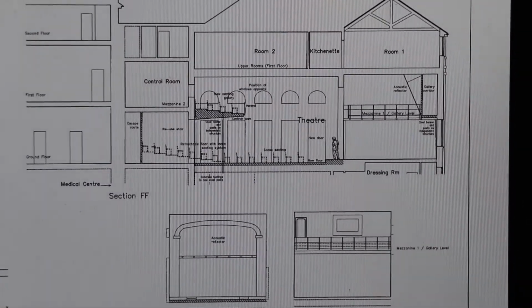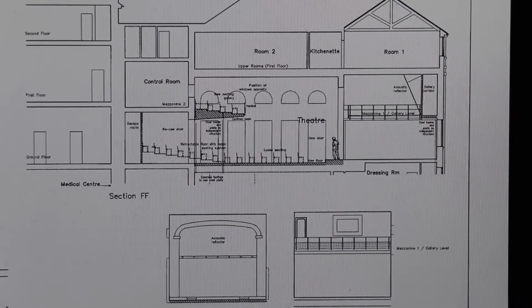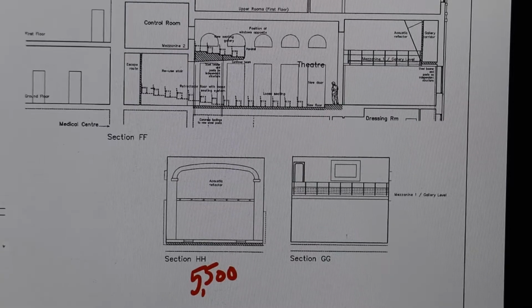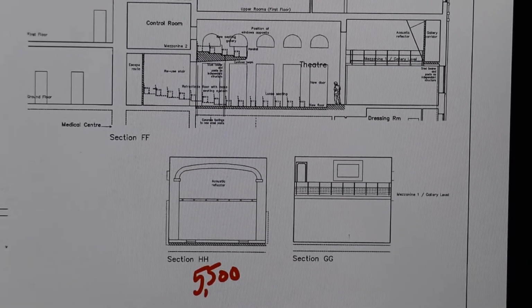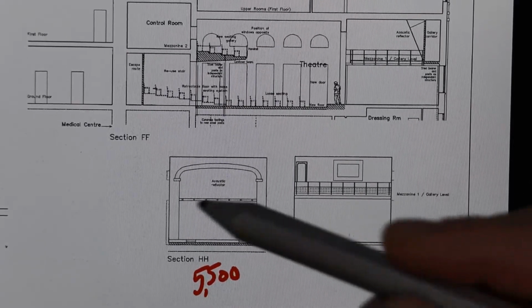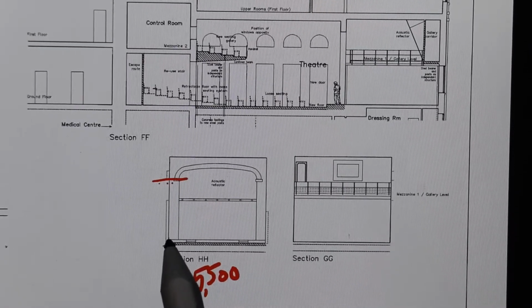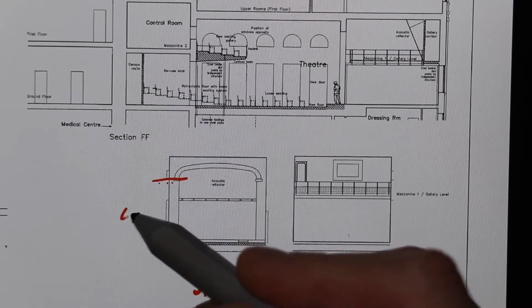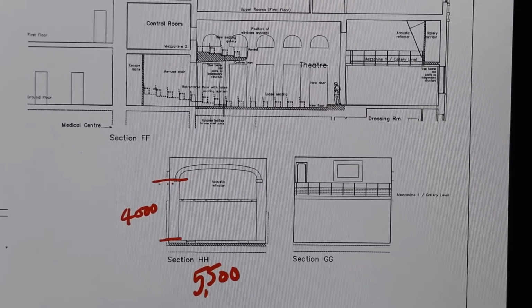So for the section HH, we have a width of 550, so that's 5 meters and a half, or we could say 5,500. The height of this section to the base of the arch to the floor is 4,000. And when I'm talking about units, these are in millimeters.